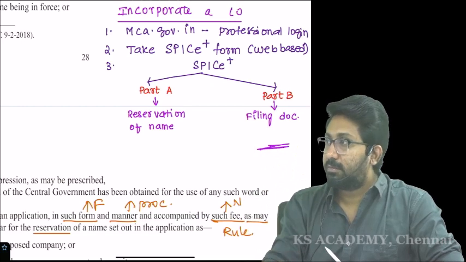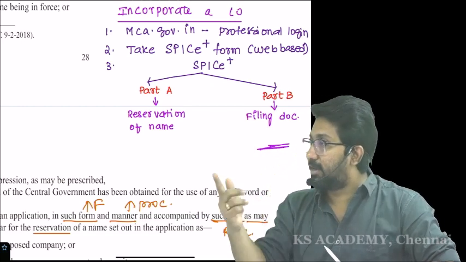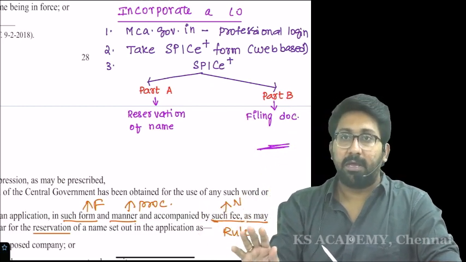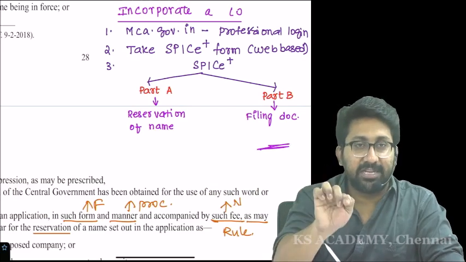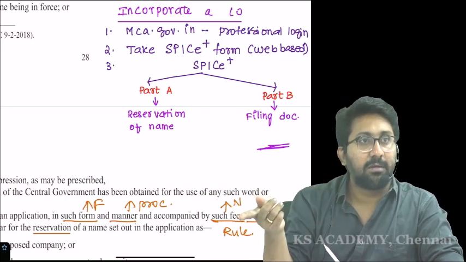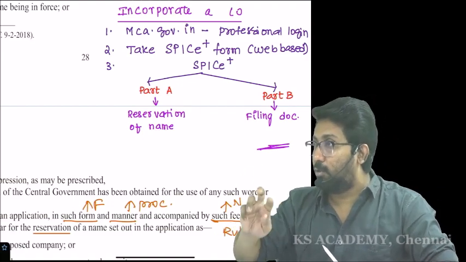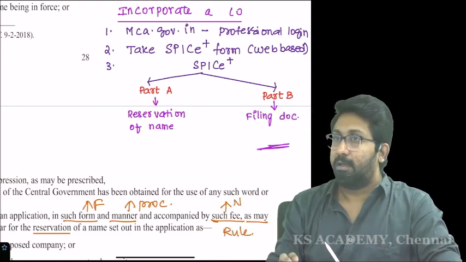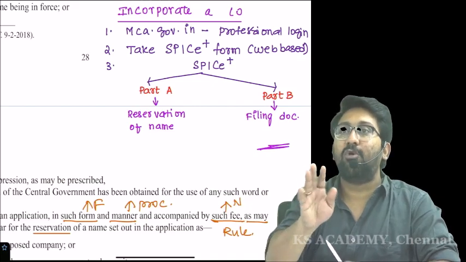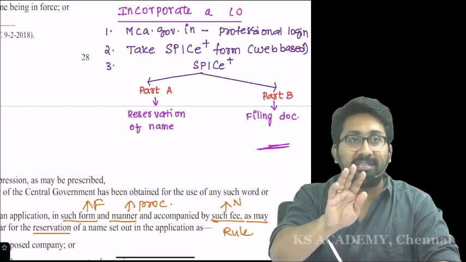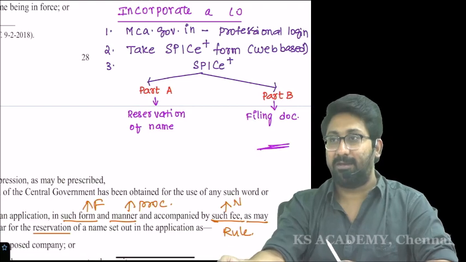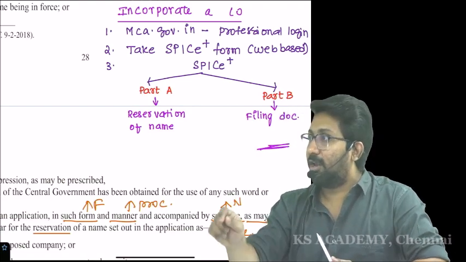First one is part A, next one is part B. Part A will be opened only if you want to fill part B. That means generally no one can apply for a name now unless you have the intention to fill part B. That's how they locked everyone.